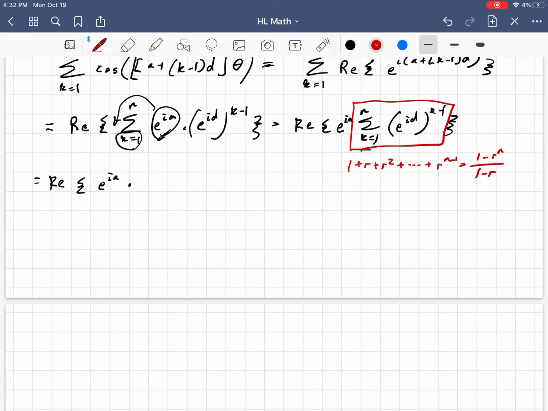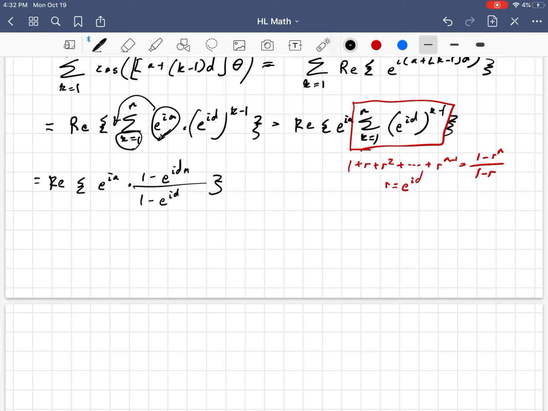And so we're going to use that fact right here, because it's the same thing. Instead of r, we're just letting r equal e to the id. And so now we're just going to get a nice geometric series, and so that is going to evaluate to 1 minus e to the idn over 1 minus e to the id.